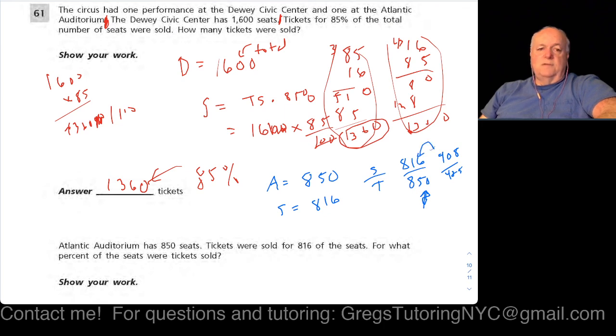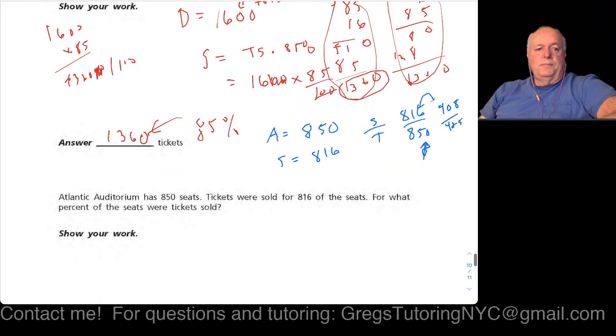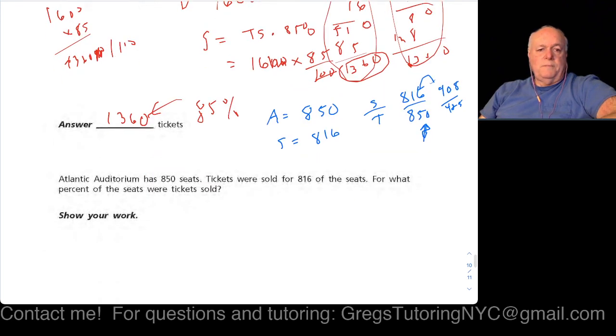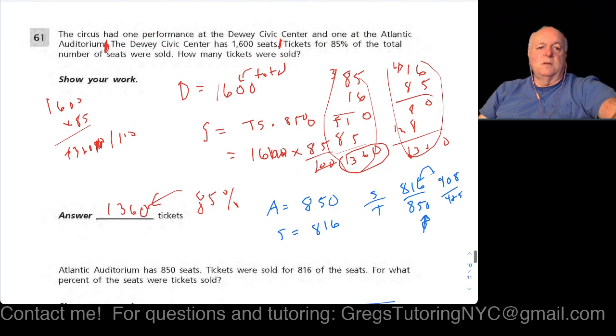So we can do 850. Where can I do that? Let me scroll this so we get a little workspace. 850 goes into 816. And just to be clear on both of these, when we did those divisions, the upside down divisions would have given us the other number.